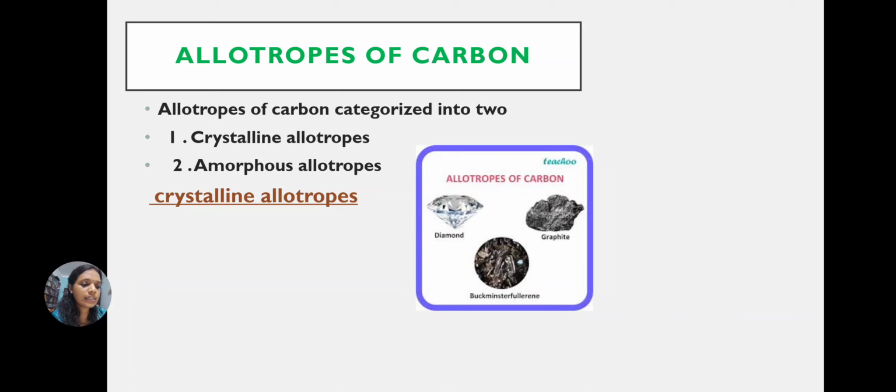Now, the crystalline allotropes are what we will be focusing on in this lesson. We will have a look at diamond, graphite, fullerenes, and graphene. In this video, we discuss these crystalline allotropes, their properties, their uses, and so on.